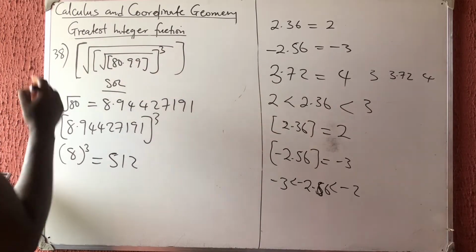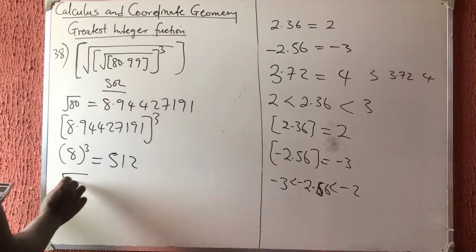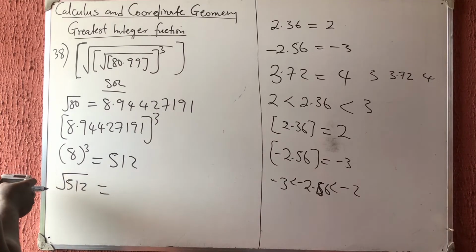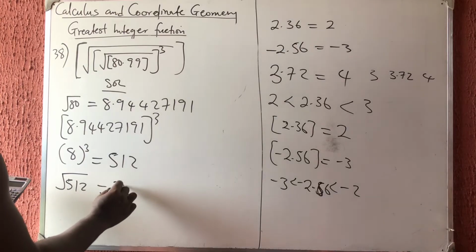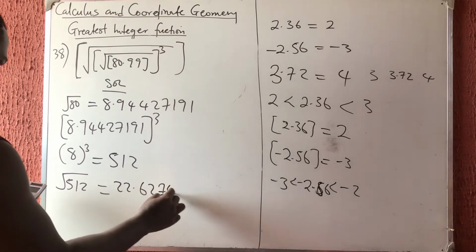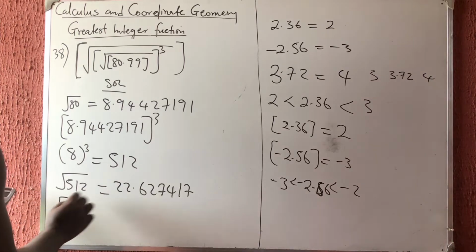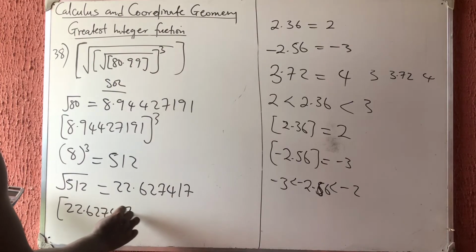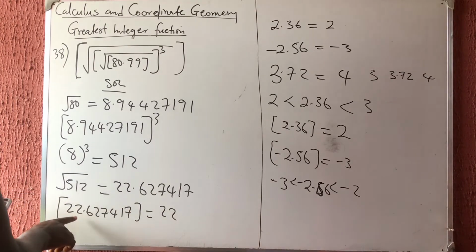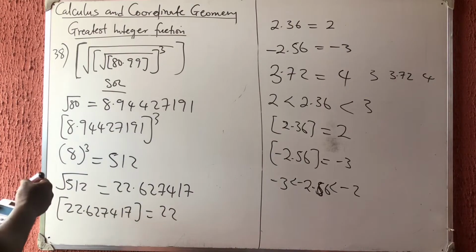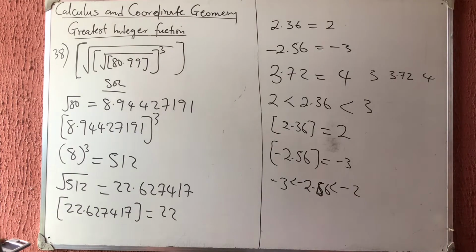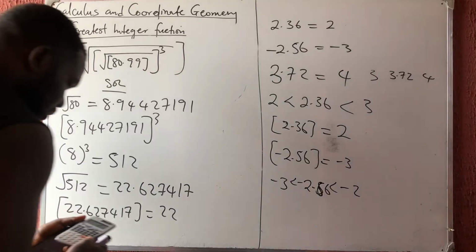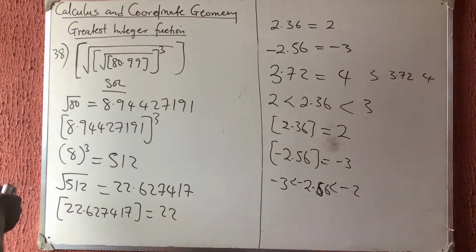Now we need the square root of 512, which gives us 22.627417. We now need the greatest integer function of this, which will give us just 22. Like I told you, if it is a positive number, we are taking only the whole number part. But if it's a negative number, we must approximate. Then we go to the next question.